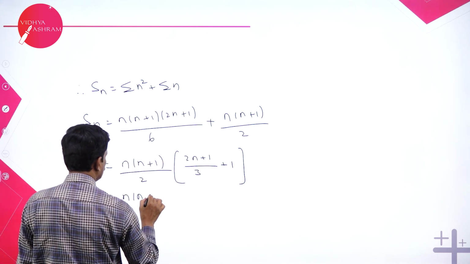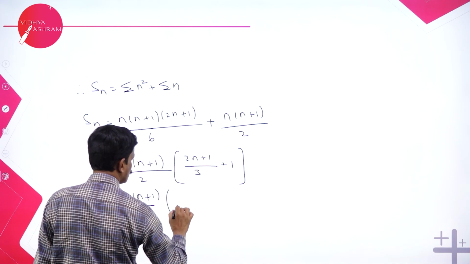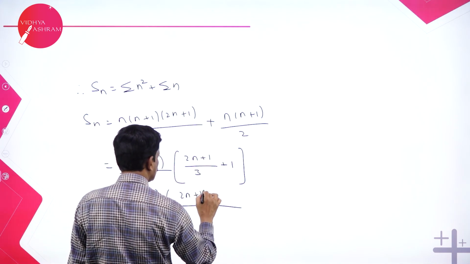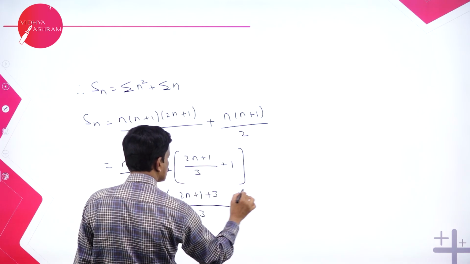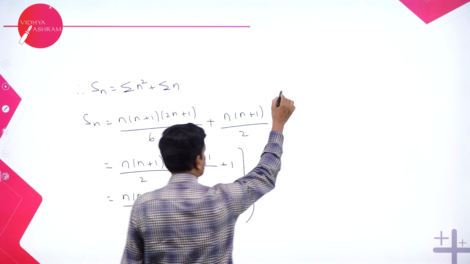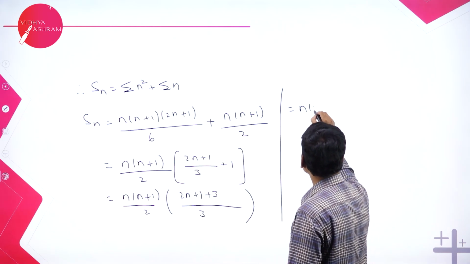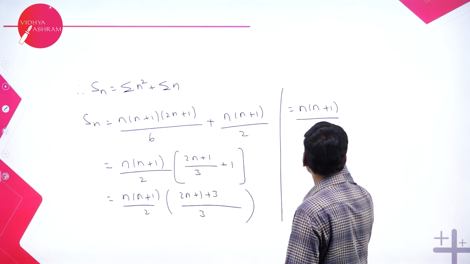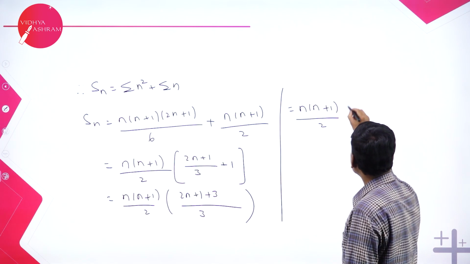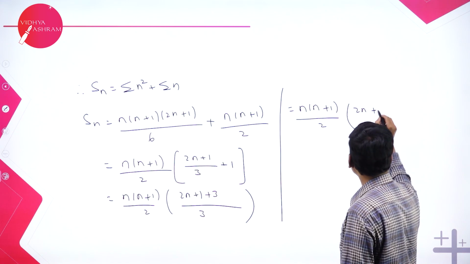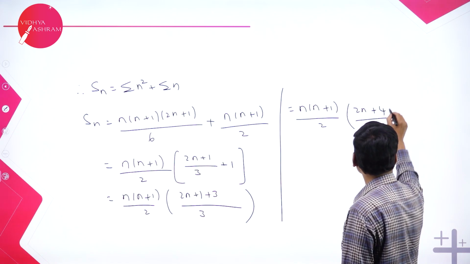So n into n plus 1 divided by 2 into, take LCM, 3 is the LCM, 2n plus 1 plus 3 into 1 is 3. So this is equal to n into n plus 1 divided by 4 into 2n plus 4 divided by 3.